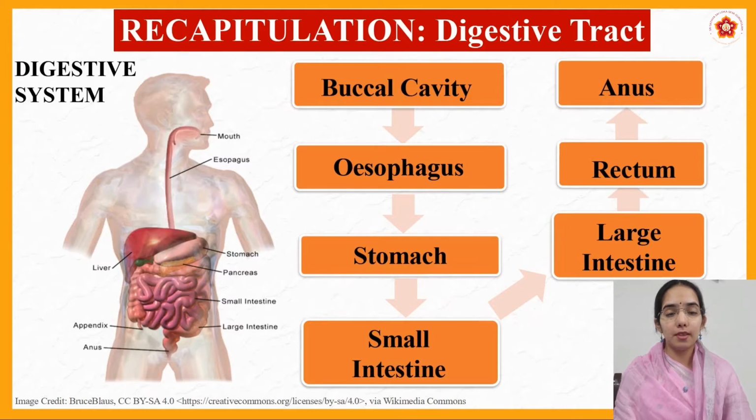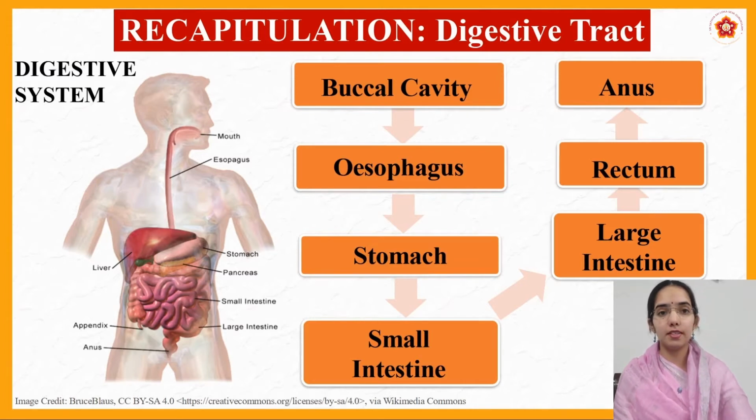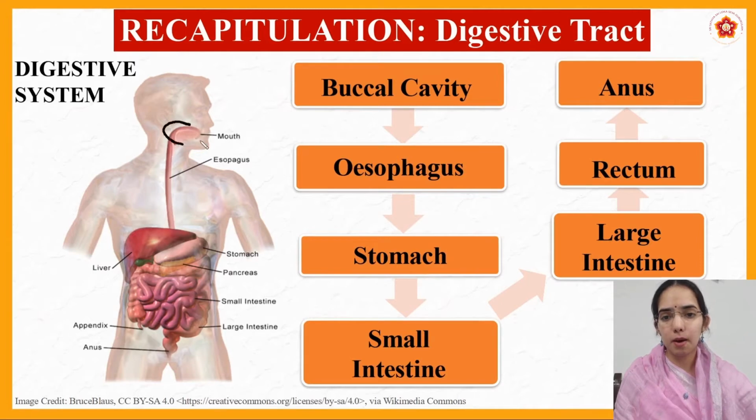Now apart from this, we had learnt about a few glands that help in the process of digestion. We had studied about the salivary gland, which is present in our buccal cavity. In the diagram, you can see in this area we have the salivary gland. Then the next gland is the liver, and the third one is the pancreas.